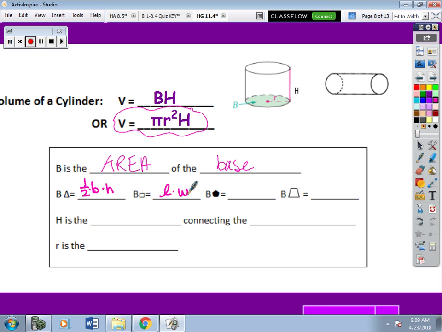If it were, I just have a pentagon, but any polygon, we would use what formula? 1/2 ANS, or 1/2 AP. And then who remembers our trapezoid formula? We saw that on Friday. So we could have the base being a trapezoid. Maddie? Good.